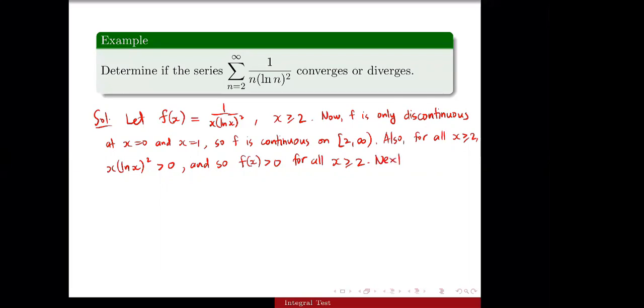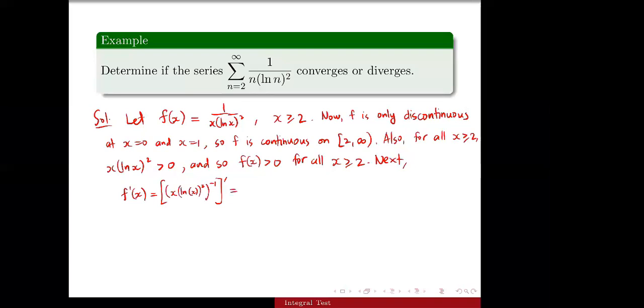Next, we get f prime of x. Let us write that as x ln of x squared raised to negative 1, and we want to get the derivative of this.